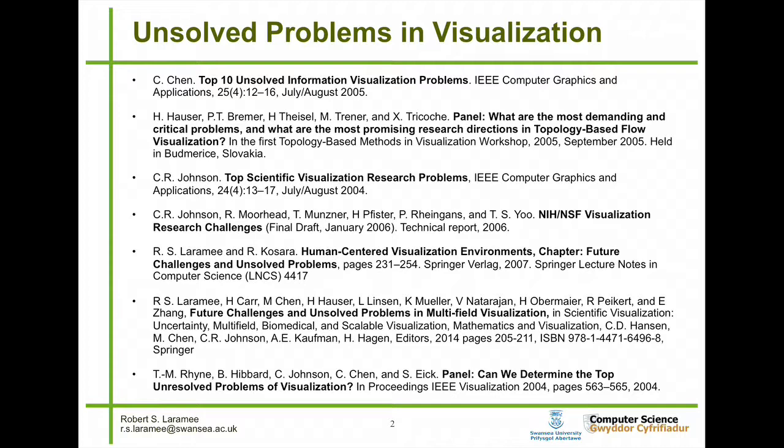There's an IEEE VIS paper on that topic, and the NIH discussions on the top challenges and unsolved problems in visualization. And then there are a few less known publications on the topic. By the way, there's one on top unsolved problems in multi-field visualization that's not too old, if anybody wants to check that out.